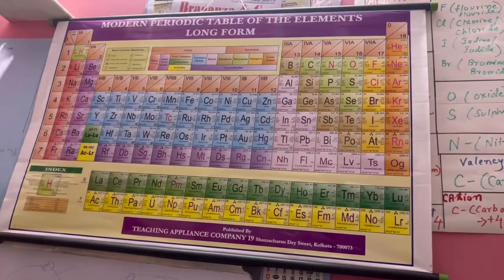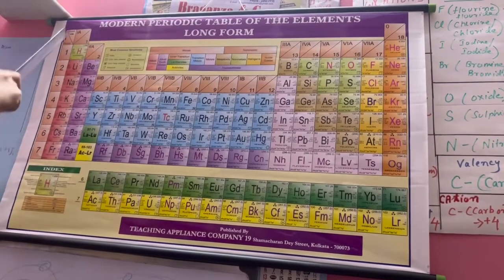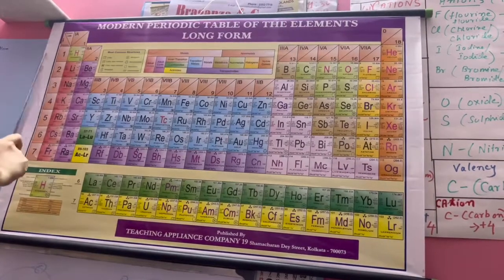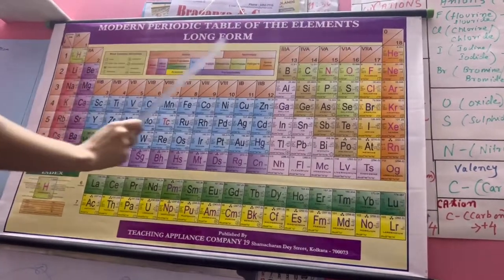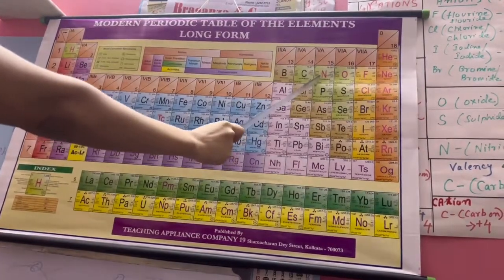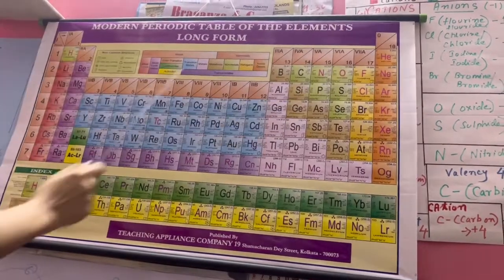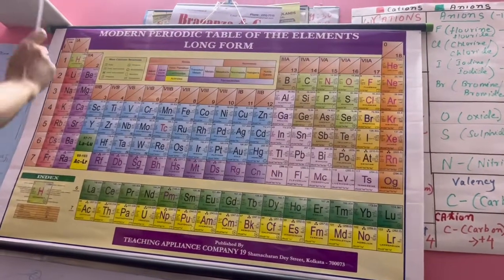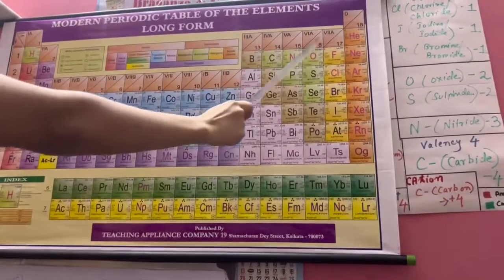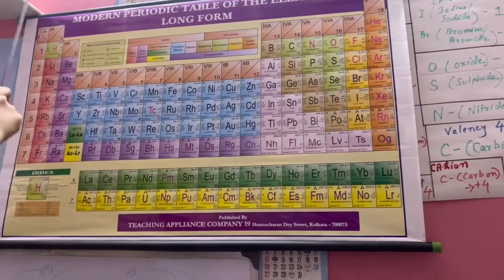So valency can never exceed 4. So how do we know? Let's start from here. Valency 1, valency 2, valency 3, 4, 5, wrong. It will be 3, 2, 1, 0. So basically 1, 2, 3, 4, 3, 2, 1, 0. Group 1, valency 1. Group 2, valency 2.